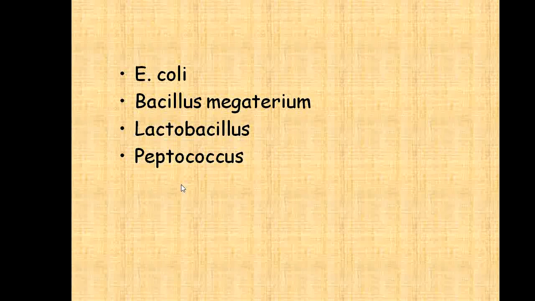So these bacteria make vitamin B12, and E. coli and Bacillus megatherium produce vitamin B12 and vitamin K, and Lactobacillus bifidus, Lactobacillus species and Peptococcus species help in the absorption of vitamins, food and water, and also help in the normal peristaltic motion of the intestine. So these are present inside.